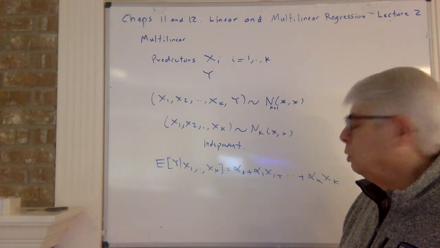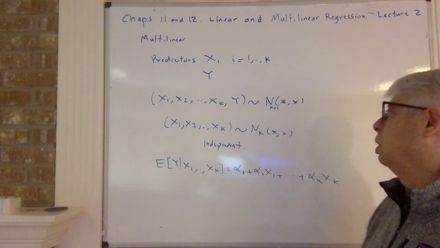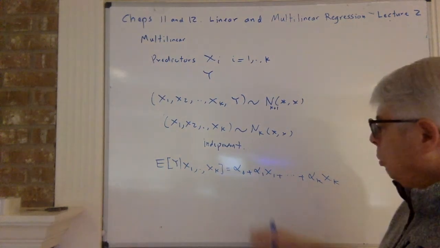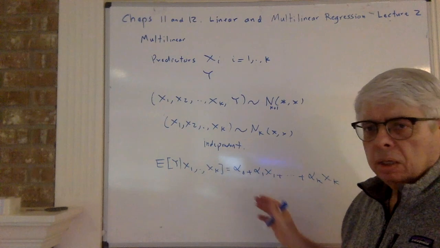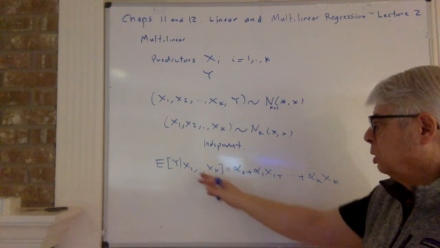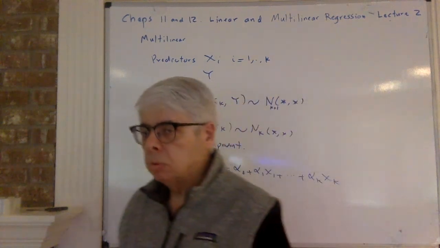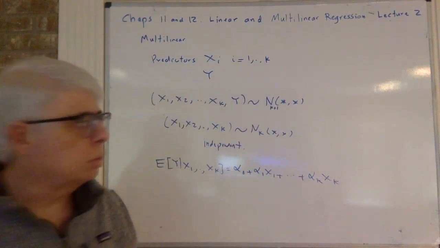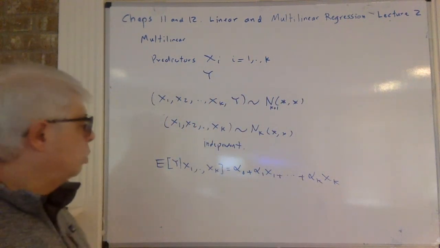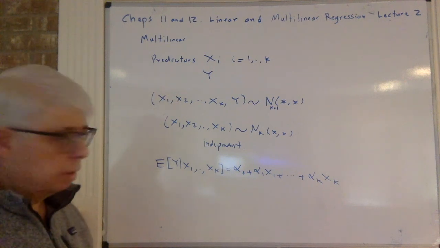So it means the covariance matrix is diagonal. But in practice, that doesn't really happen. So there might be some correlation or covariance. In fact, I will tell you what correlation is. There is correlation between them.